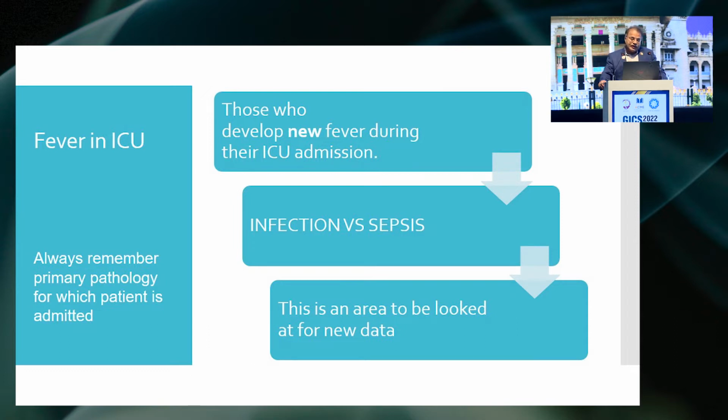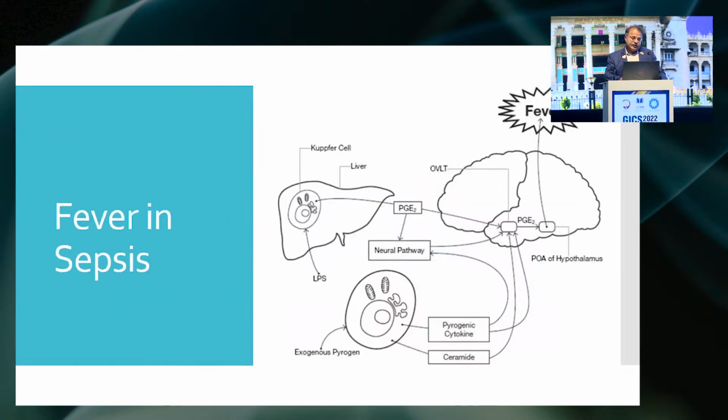So it's also important that you try to find out why somebody has fever. Many times when my septic patient develops fever, I feel happy. I feel happy because most septic patients are immunosuppressed, they are on inotropes, on vasopressors, they are down.